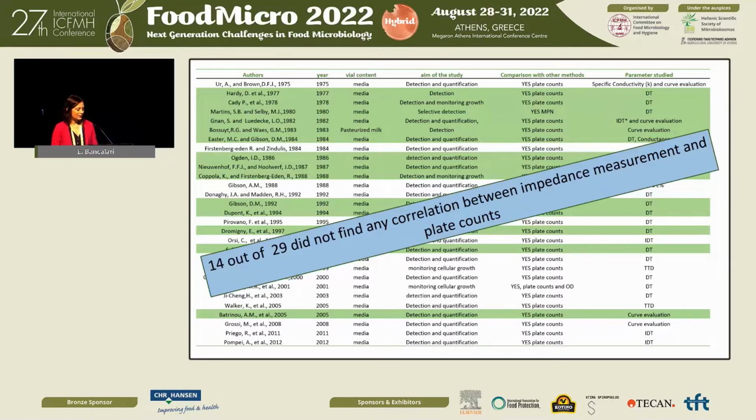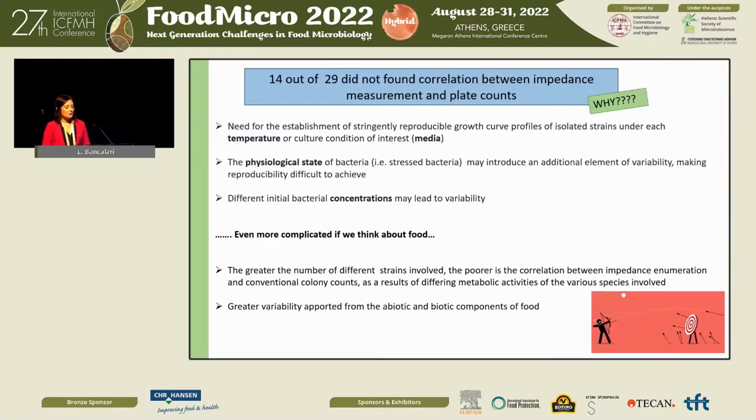In fact, 14 out of 29 did not find any type of correlation between the two techniques. And this was because even if small changes in the conditions of analysis, such as temperature of incubation, the composition of the growth media, or even more, the concentration of microorganisms, or the physiological state of the cells differ, also the results of the two techniques differ.